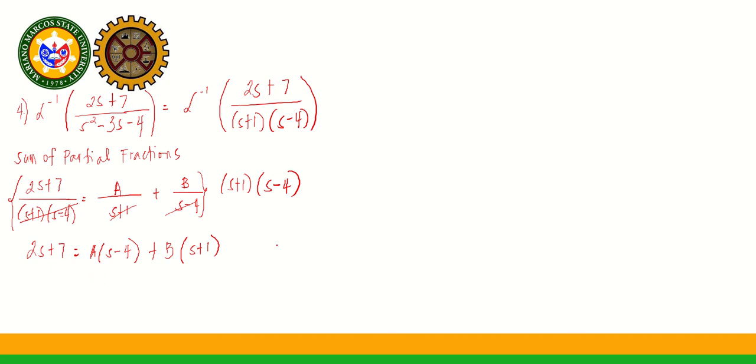Okay. So let s be equal to 4 so we can cancel si A and solve for the value of B. So if s is equal to 4, this is equal to 2 times 4 plus 7 is equal to, since 4 minus 4 is 0, we can cancel this out.